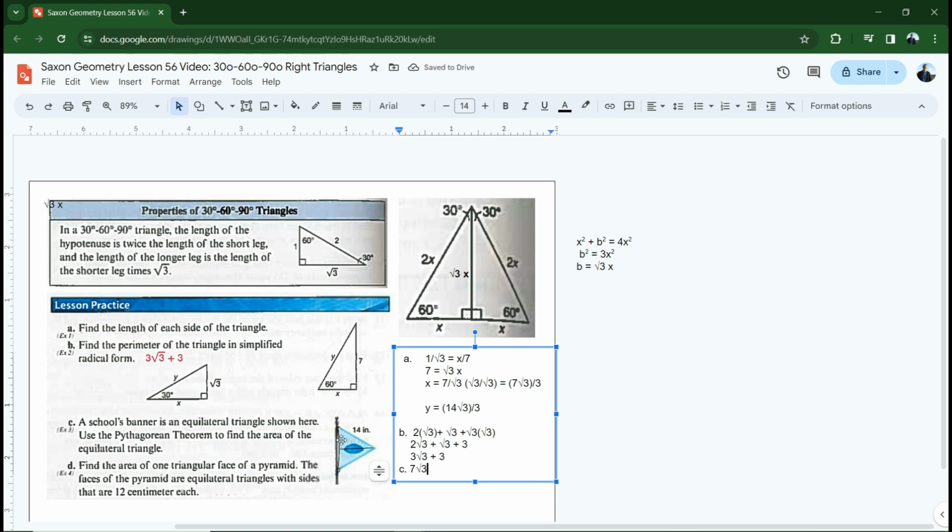Okay. Now, I know that a triangle's area is 1/2 the base times the height. If the base is 7, and the height is 7 times the square root of 3. Let me just make sure I got this right.